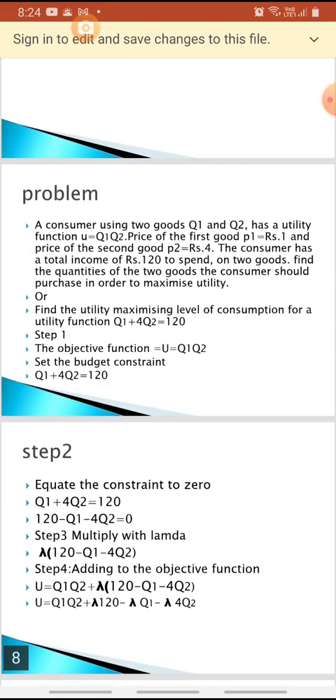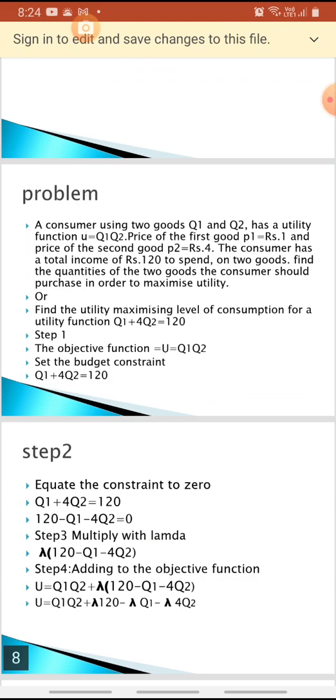Then let's solve a problem. A consumer using two goods Q1 and Q2 has a utility function U is equal to Q1 Q2. Price of the first good P1 is 1 and price of the second good P2 is rupees 4. The consumer has total income 120, that is the total budget is 120 on two goods.